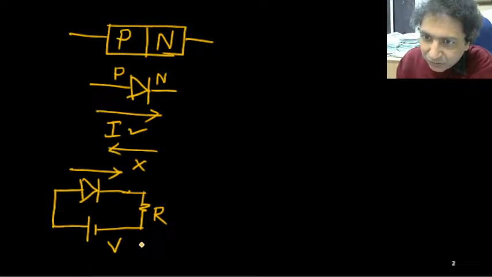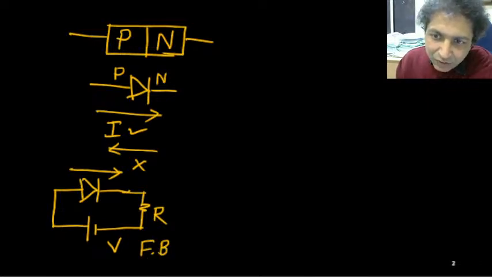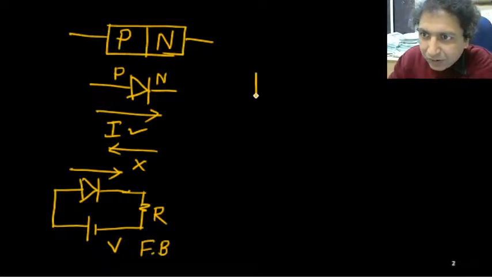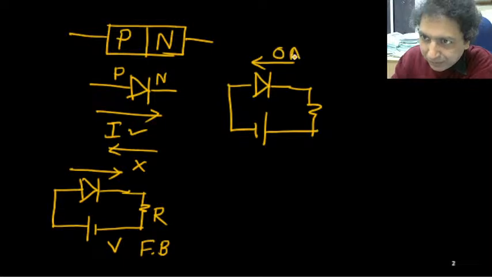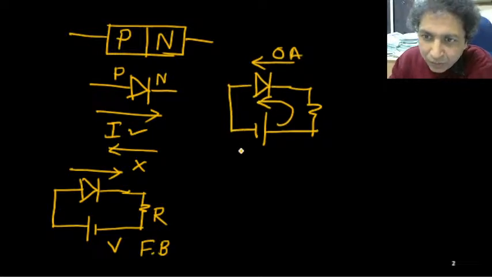This configuration is called forward biased configuration and current will flow, diode is on. But if you consider the reverse way, the diode is connected in opposite terminals, this is negative, this is positive. That time this current is 0 ampere. Diode will not allow the current to flow in the opposite direction. This direction current is not allowed at all.